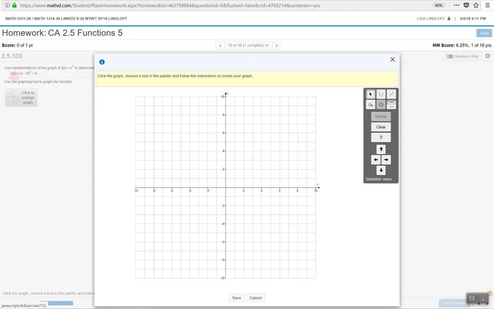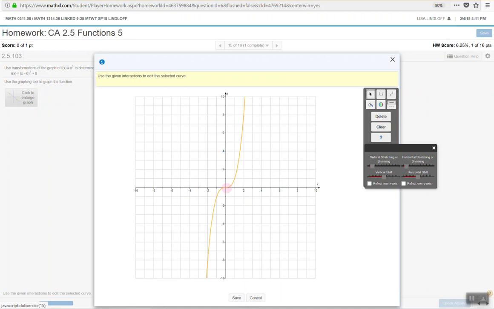Inside it has -6, which is going to be a horizontal shift right 6. This is going to be up 6. But let's start with our graph. It starts right there, and it wants to know about vertical shift. I don't know if I can even count.